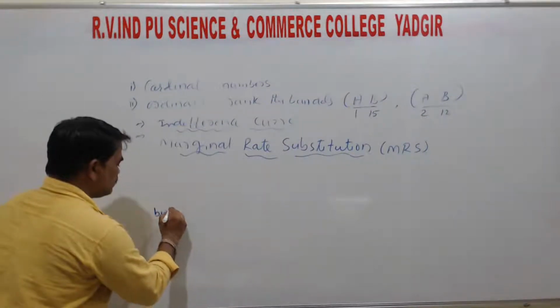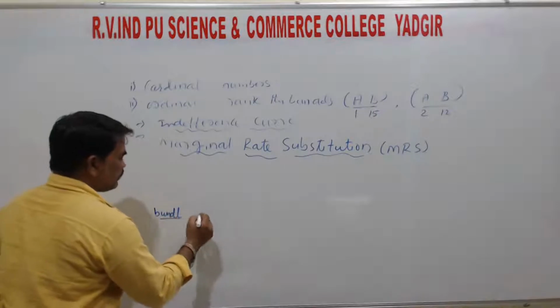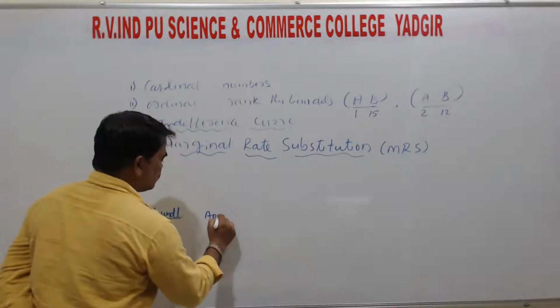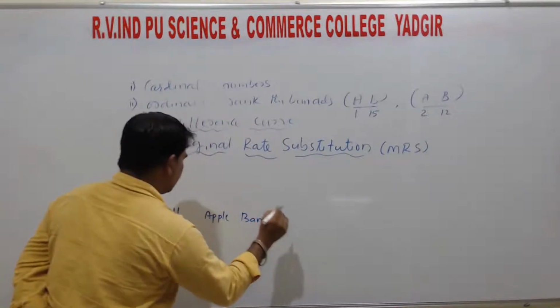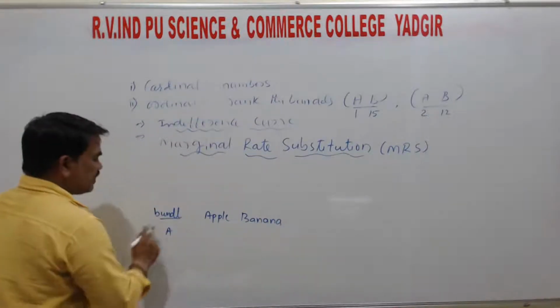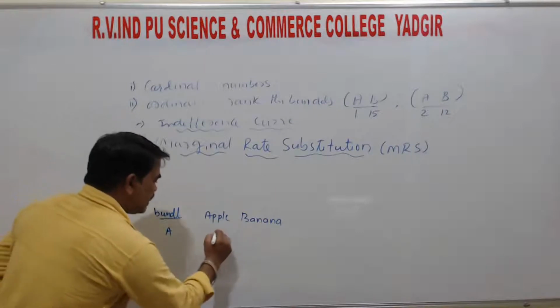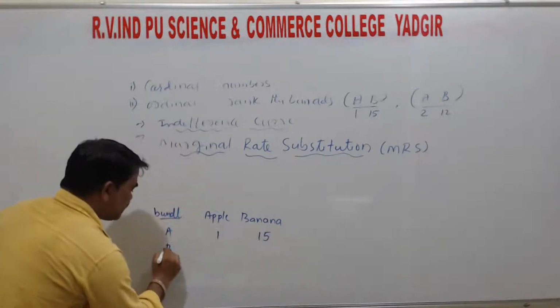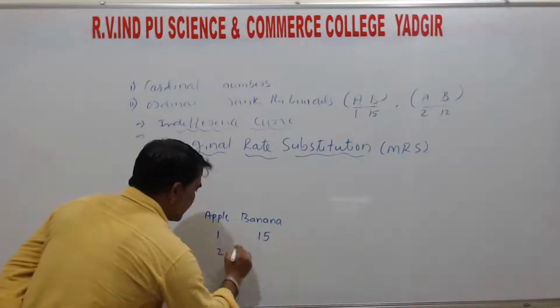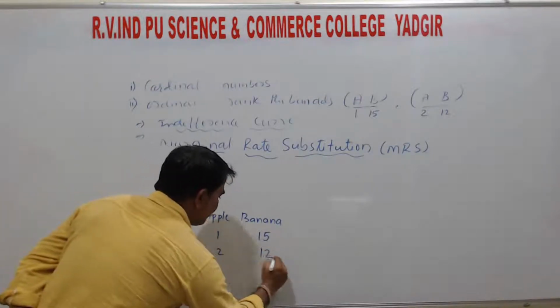Bundle here, apple, banana, the A bundle, A combination. Here we are using 1 apple, 15 banana, and in the second bundle, second combination, it is 2 apple and 12 bananas.